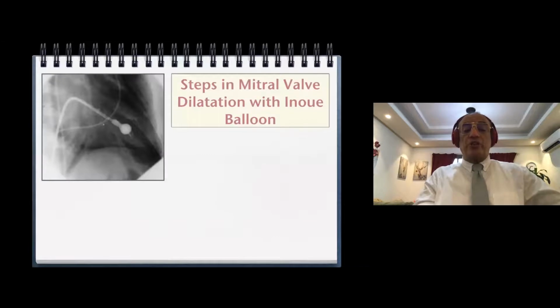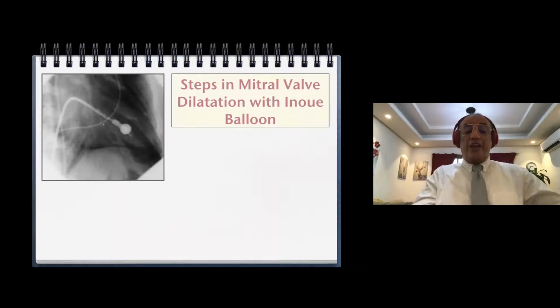The second one is the single balloon technique, and this is the famous one, the Inoue technique, and these are the steps in mitral valve dilatation. You have to put half of the balloon in the LV, the middle of the balloon in the mitral valve, and the proximal end of the balloon in the left atrium.